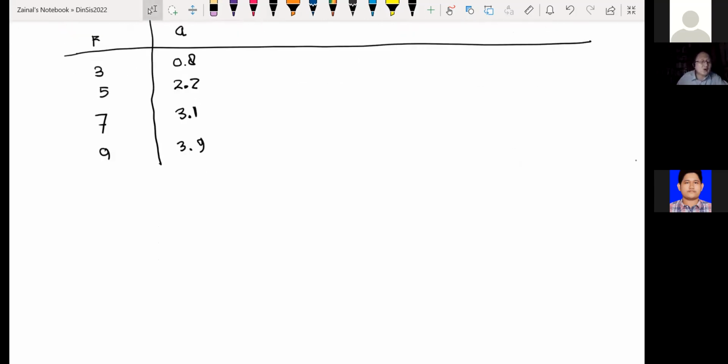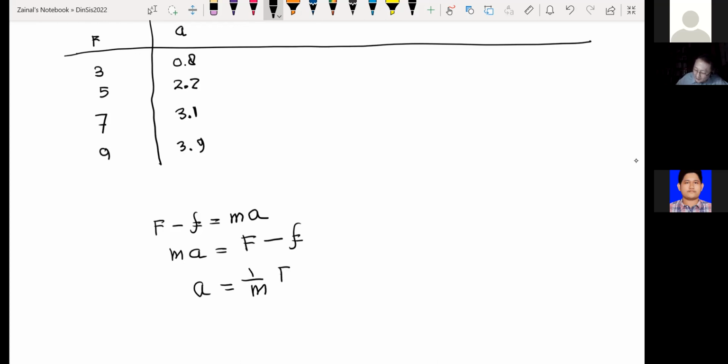Okay. The equation, look at this one, is F minus F is equal to M multiplied by A, right? Therefore, M multiplied by A is equal to F minus F, or A is equal to 1 over M multiplied by F minus F divided by M, right?